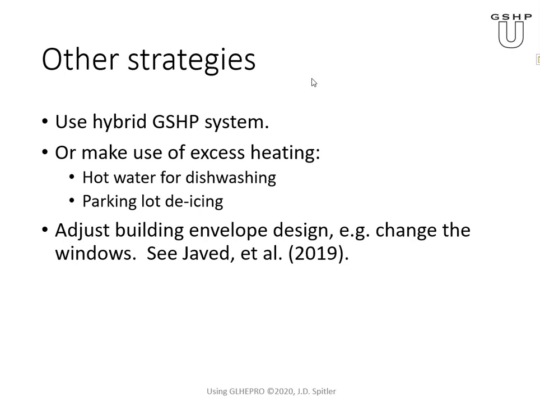If you can decrease the amount of solar gains here, you may also save energy and reduce the size of the ground heat exchanger required. Okay, so that's it for this example.